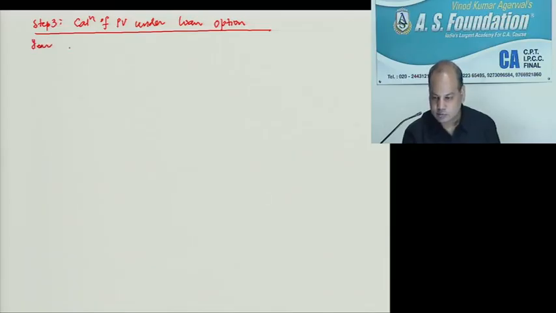Year, particulars, cash flow, discounting factor at the rate of 10.4%, and present value.